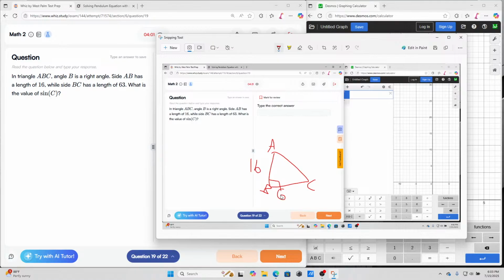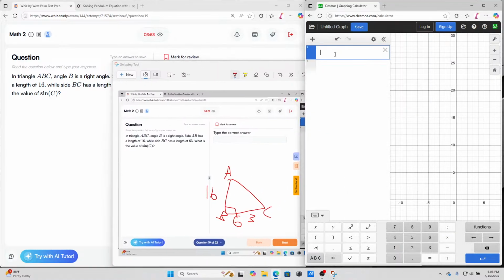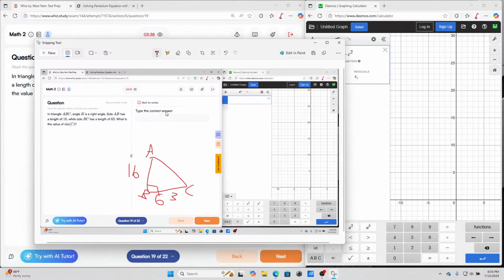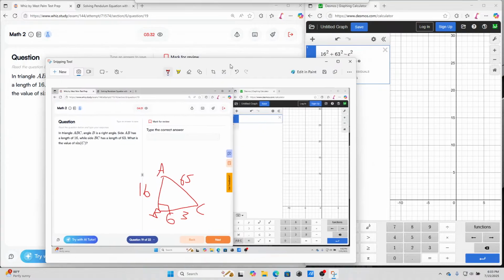BC is a 63. Sine is opposite over hypotenuse. So we need to find 16 squared plus 63 squared is equal to C squared. So C is equal to 65 here. A squared plus B squared equals C squared right there.